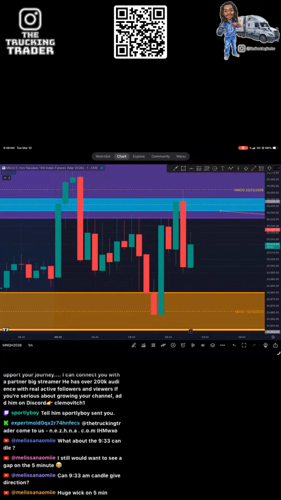Just like I said, it's just bouncing around from one key level to the next. Right back to the same spot it was at for the last, what, 16 minutes at this point. It's been in this same area.